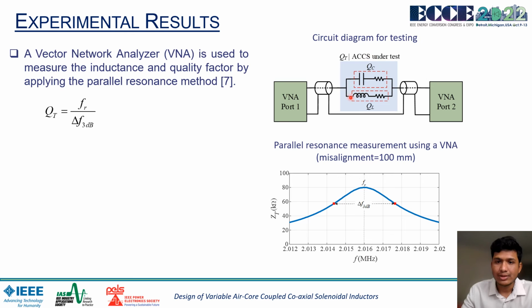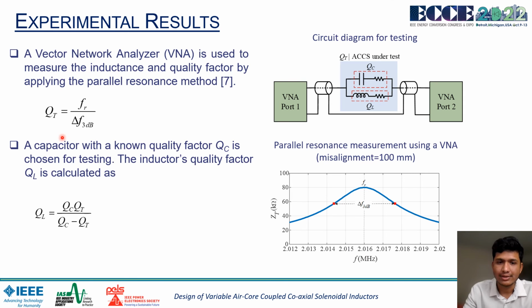And this combination is then resonated at the operating frequency, in this case 2 MHz. The data from the resonance can be used to obtain the overall quality factor. The overall quality factor together with the capacitor quality factor can be used to calculate the inductor quality factor as per this expression.